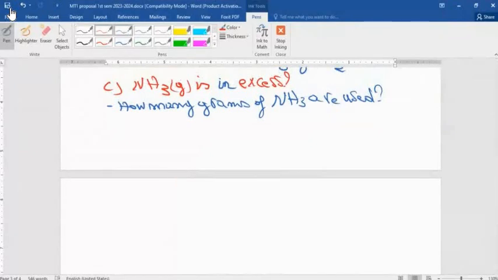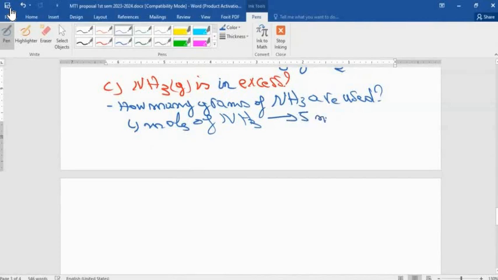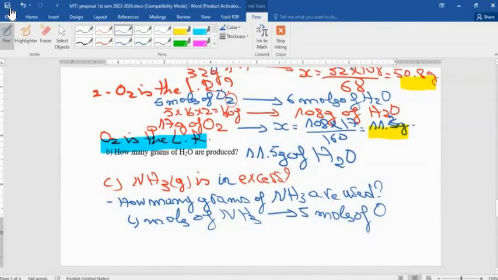So from my chemical equation, 4 moles of ammonia require 5 moles of oxygen gas. Sorry, of oxygen gas, because water is part of the product, so it's not part of the reactants.